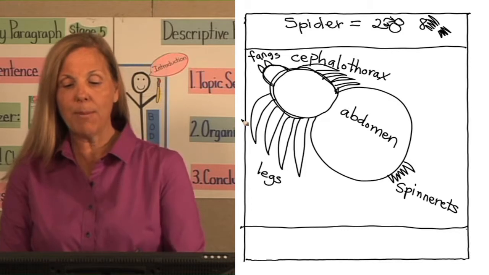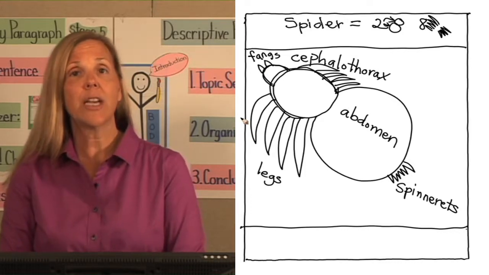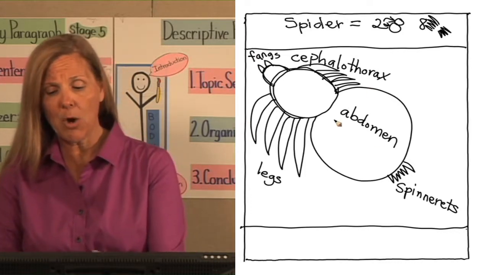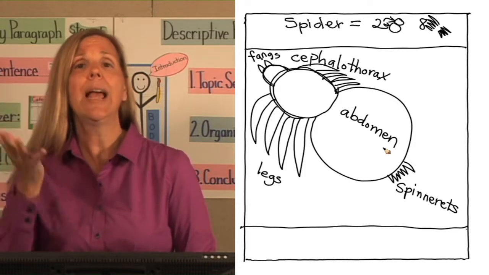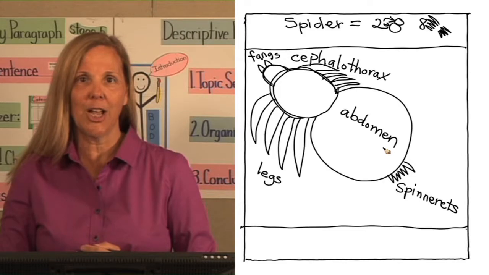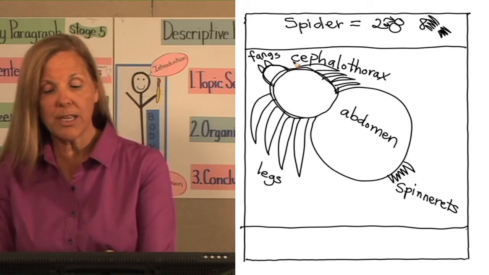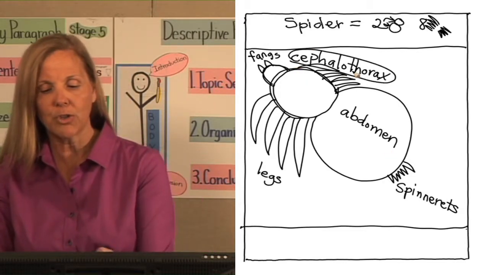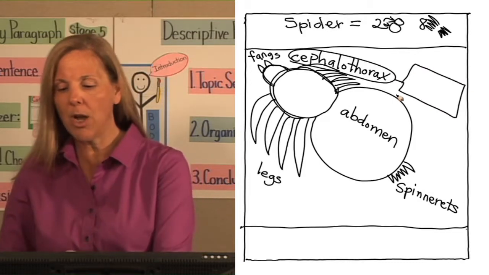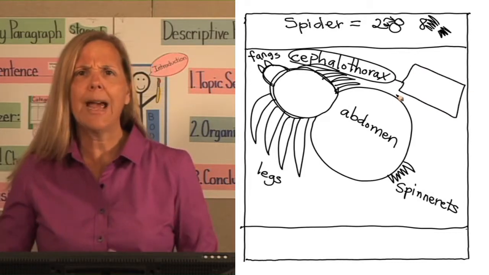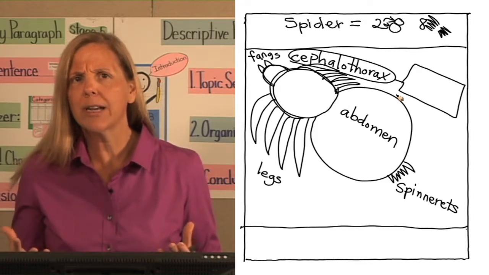We'll go back to the body and we will actually circle these different parts and put a description word on top of each circle and the function of each part below. Let's go back and do that. First to the cephalothorax. Put a circle and let's put a little box there. We want to have a function box right here, and we're going to ask, what does the cephalothorax do?